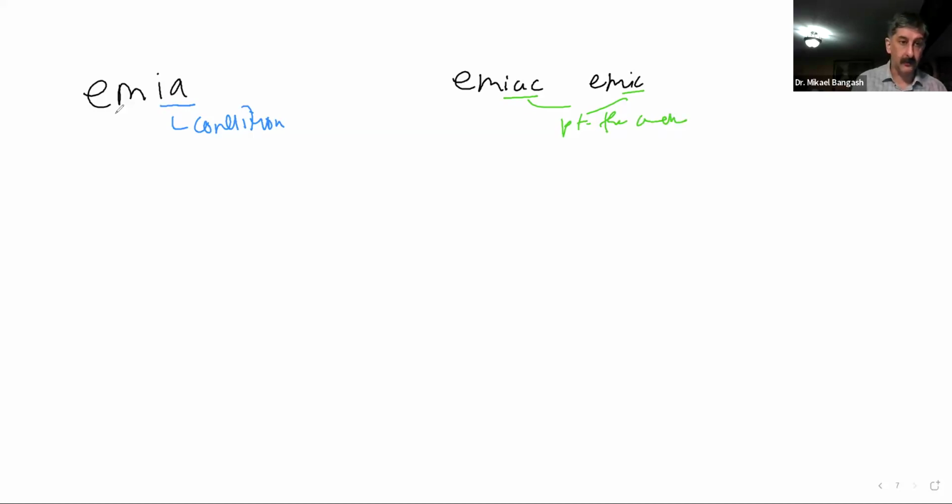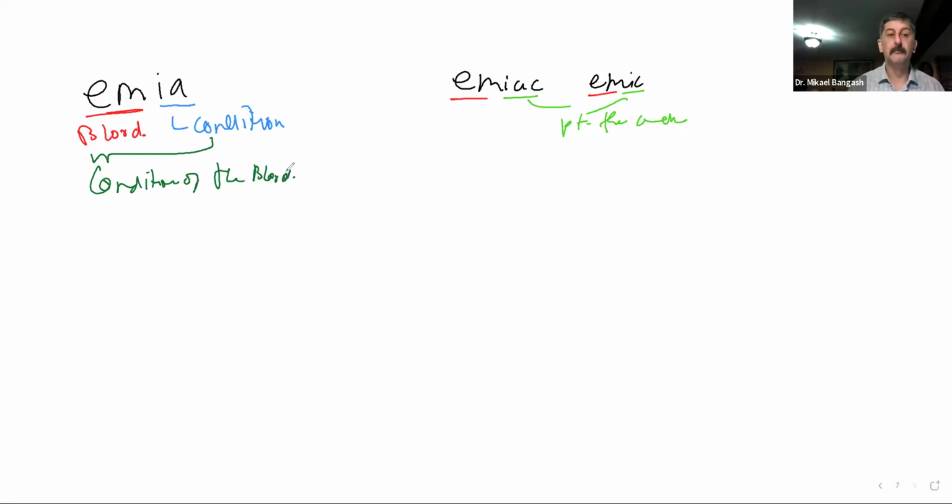Where here the word em refers to blood. So pretty much we can say that emia is going to be a condition of the blood.